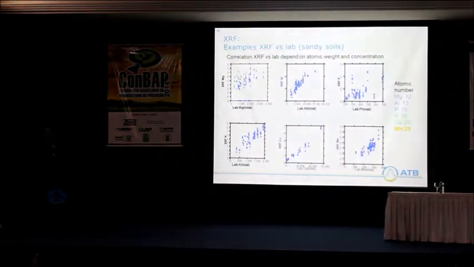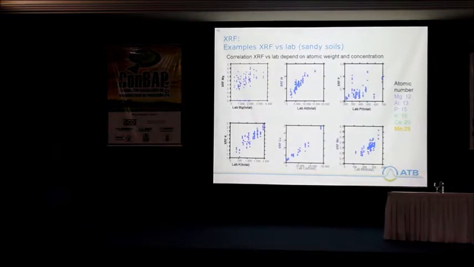And here you see some results. First of all, I have to point out that you are analyzing total content. It's only the total content of elements. I have arranged them according to the atomic number, so magnesium should be the most difficult, and you see the correlation is not very good.